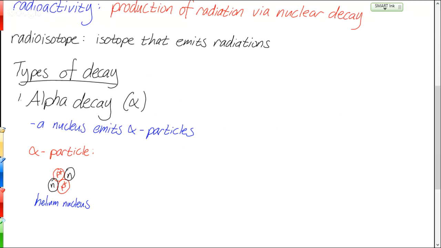That means there are a couple of ways to write it. We can write it as a helium nucleus like this: helium with 2 protons and an overall mass of 4. Or sometimes we just stick with the letter alpha and call it an alpha particle.